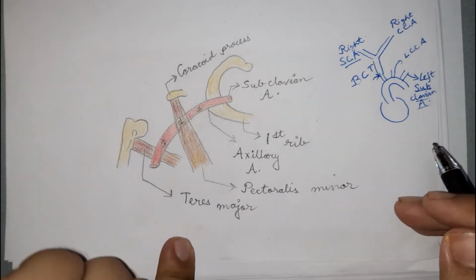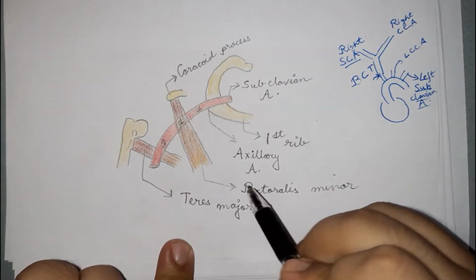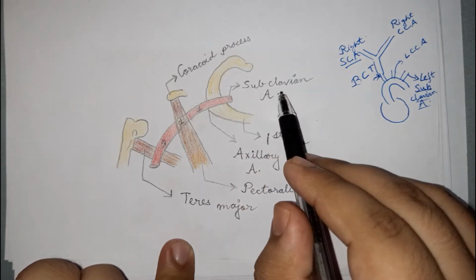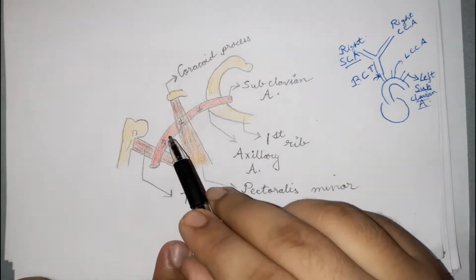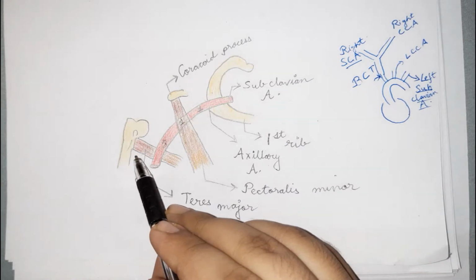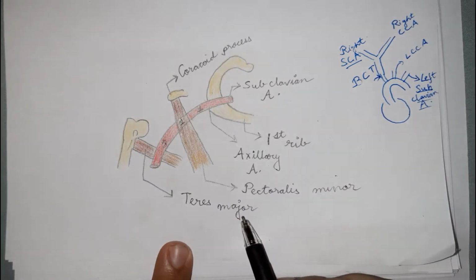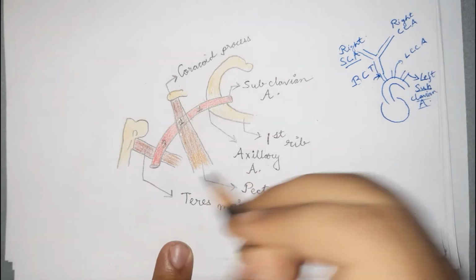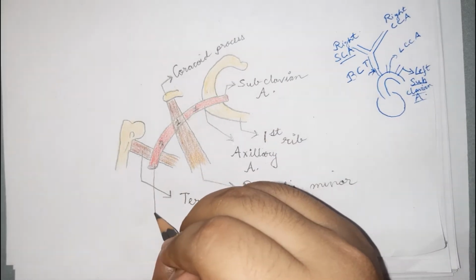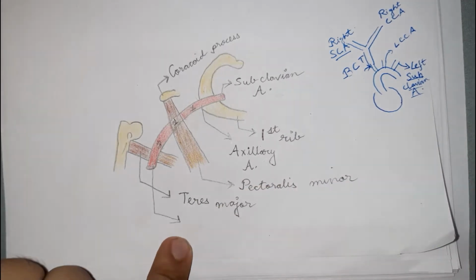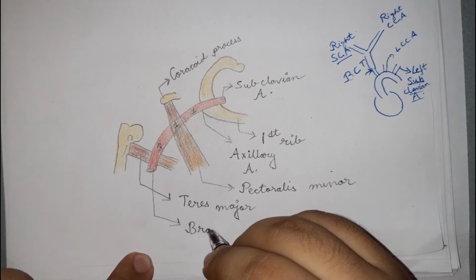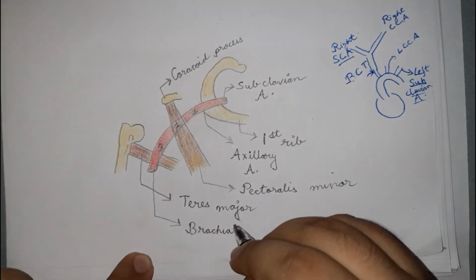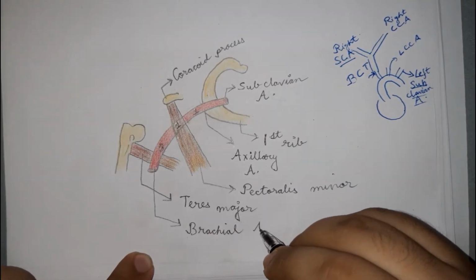Very interestingly, just like the axillary artery was a continuation of another artery, which is the subclavian artery, the axillary artery itself, beyond the lower border of teres major, continues as another artery, which is the brachial artery, which I was talking about just a minute ago. The brachial artery.